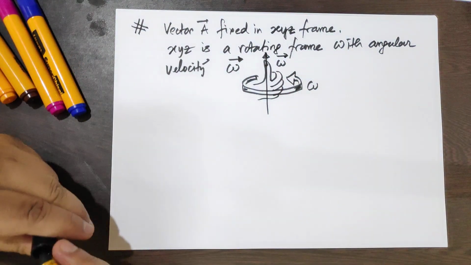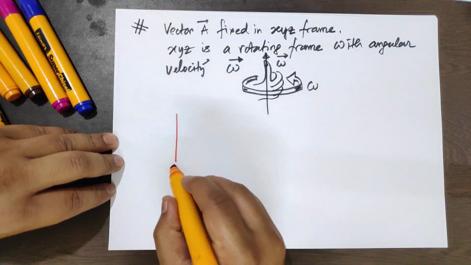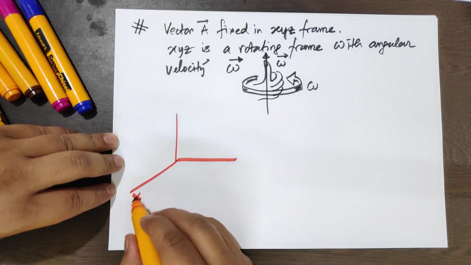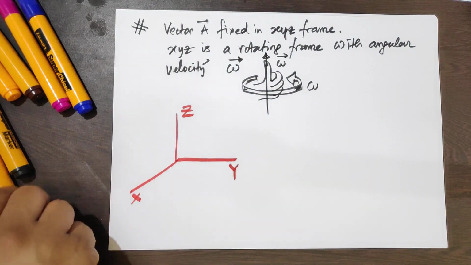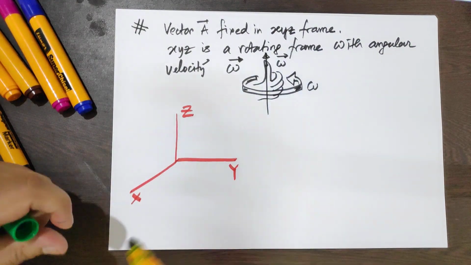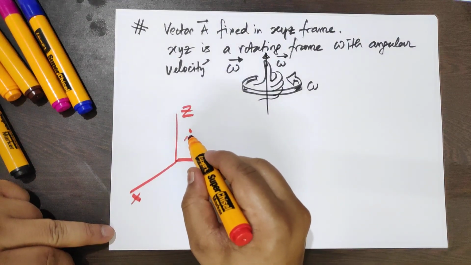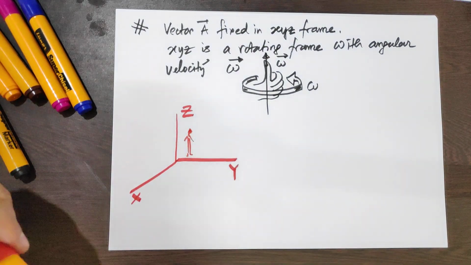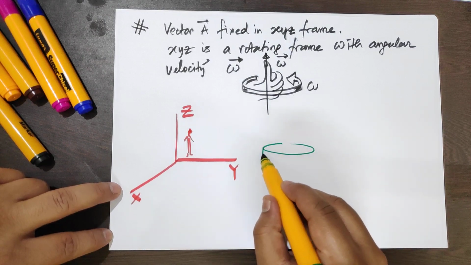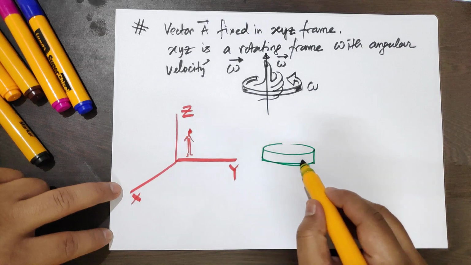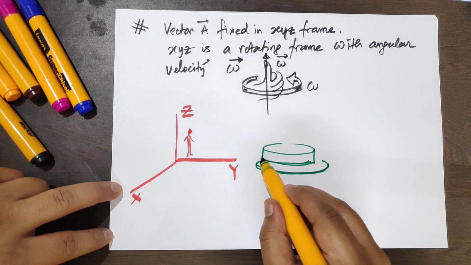Okay, by the way, let's draw the frames. This one will always be fixed because this is the ground frame. Capital X, Y, Z is the ground frame and small x, y, z is a rotating frame. You can consider a person standing still on the ground, and this is a rotating frame. You can take a rotating turntable like this, spinning around with angular velocity omega like this.